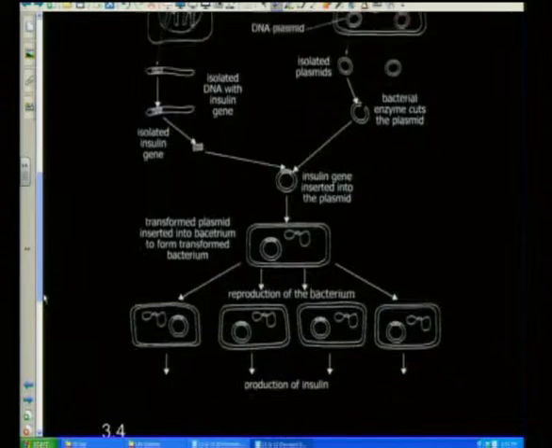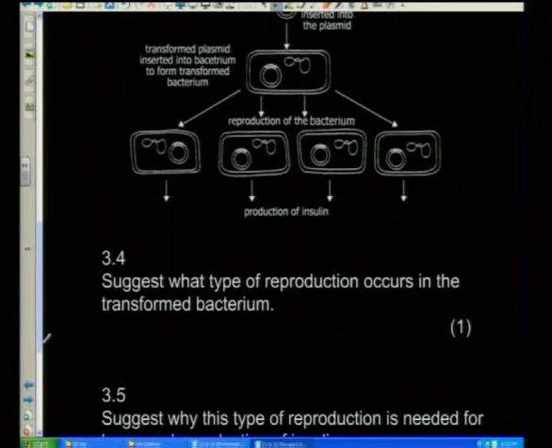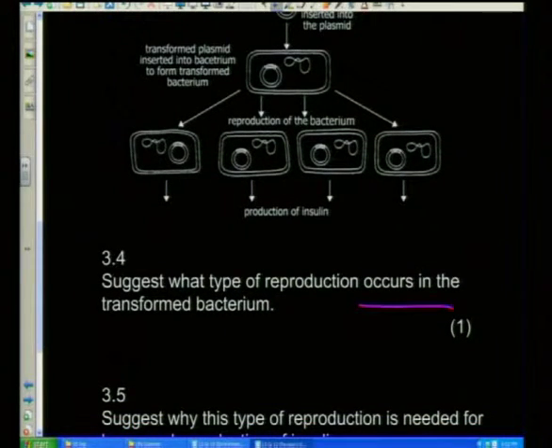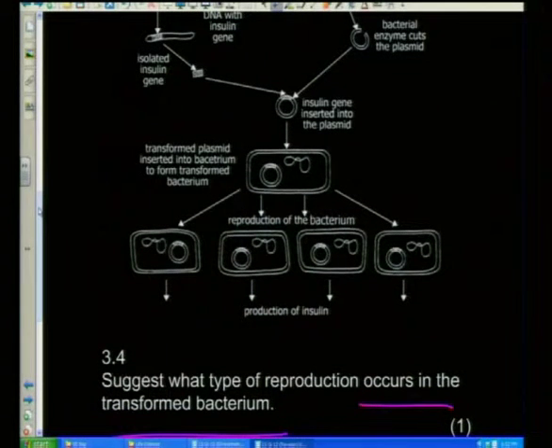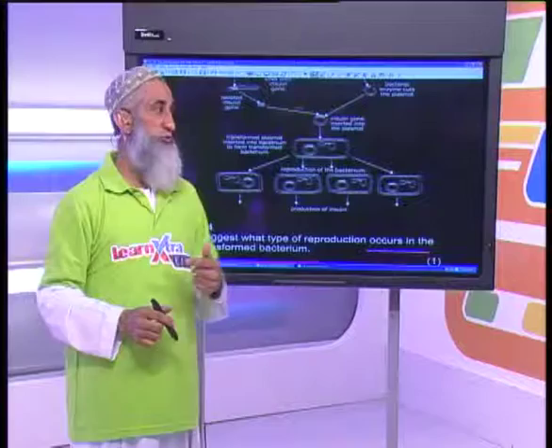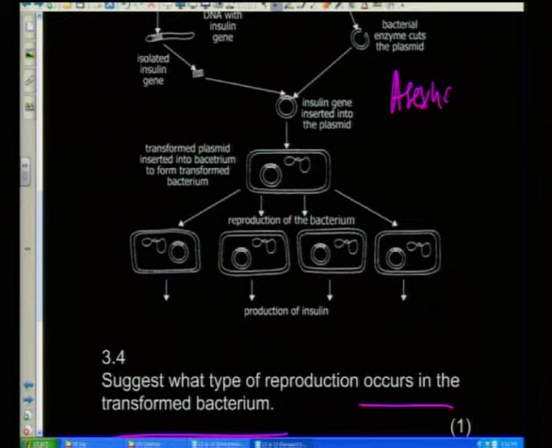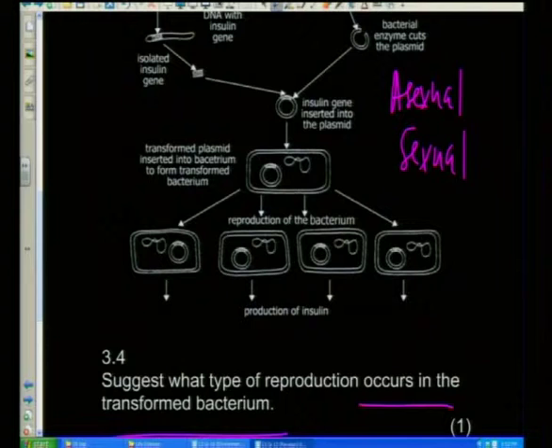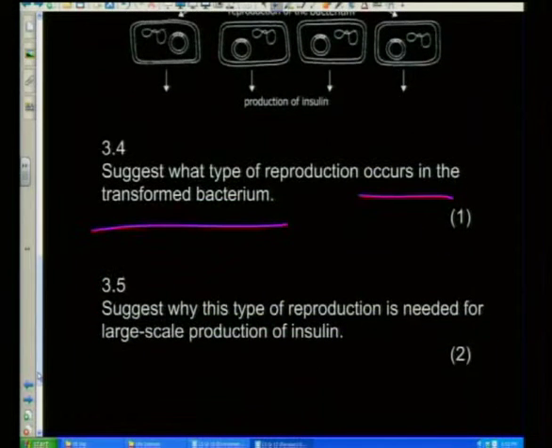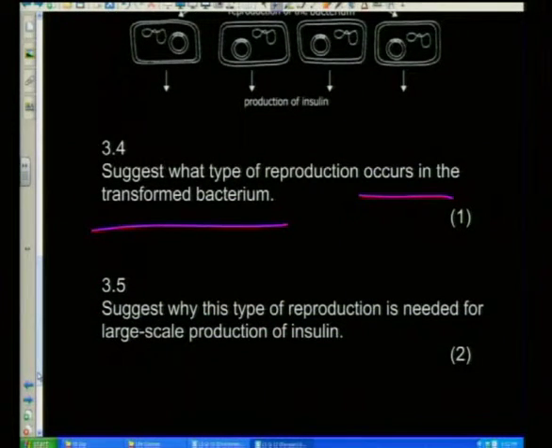We're carrying on with the same question. Suggest what type of reproduction occurs in the transformed bacterium. Now, they do not expect you to know the specific type. If you do reproduction, you learn two types of reproduction, asexual and sexual. They want to know which of these two it would be, and you would say asexual.